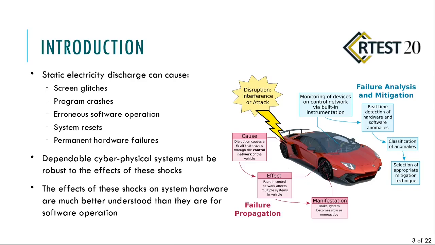So let me give you a big picture for what is going on with this research. This research started with Samsung's Consumer Electronics department, and they were interested in building more dependable digital cameras and things like that. And we have also been working with Ford on their self-driving cars. They're interested in cars that literally do not crash when exposed to this kind of shock. So you may wonder, how common are these kinds of things?